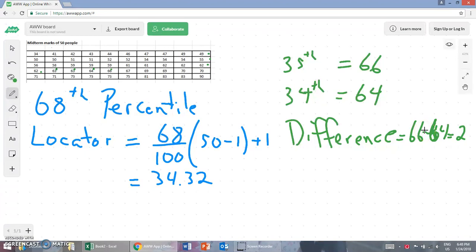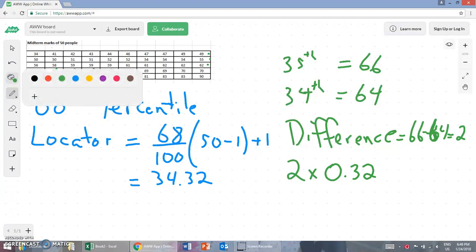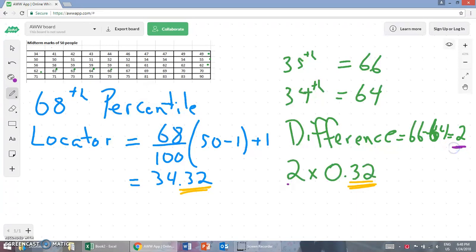The next step is to take that difference and multiply it by the decimal part of our first answer, 0.32. So 2 times 0.32 equals 0.64.